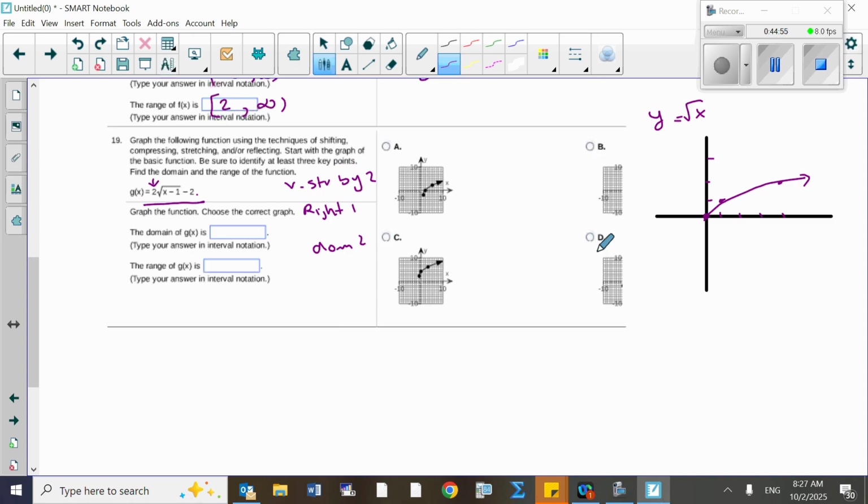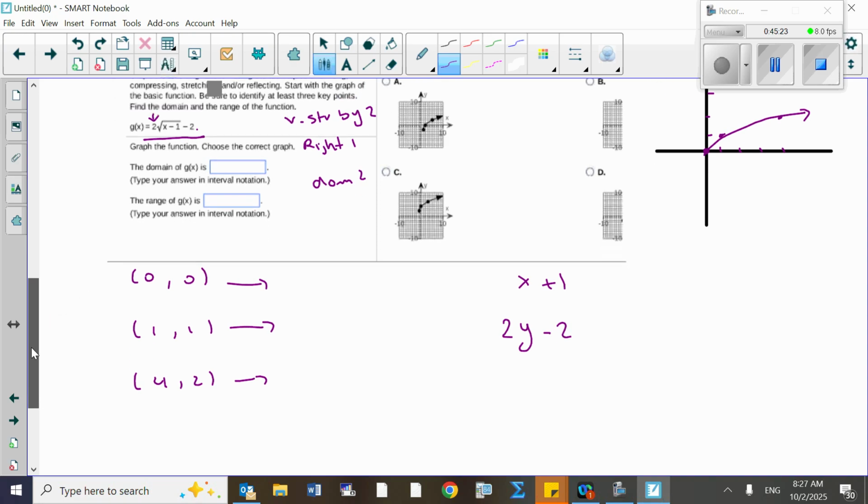Okay, this is the parent function. So the points were (0, 0), (1, 1), and (4, 2). So how are they changed here? Any x value is added by 1. So I'm going to write that the x value should be added by 1, and then the y value should be multiplied by 2 and subtracted by 2, because we have down 2.